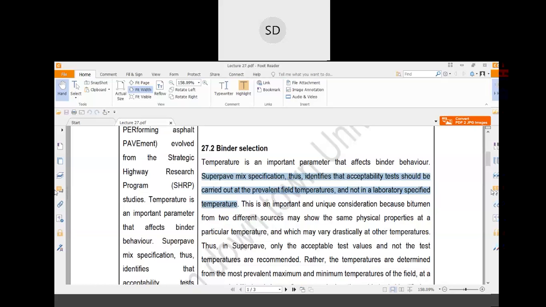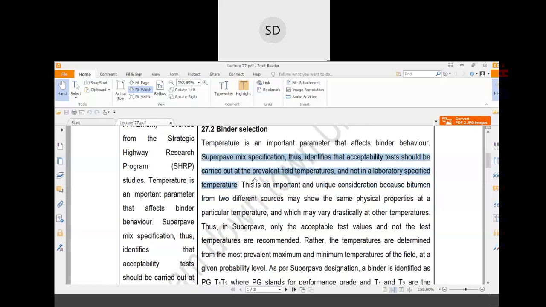Because if you do the test at lab temperature, it will not indicate the actual condition in the field whenever you are using that material in practice. So this is the first thing. Because of this, your binder selection will be very much practicable in case of your Superpave design.